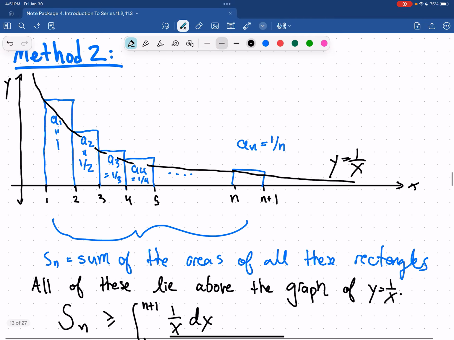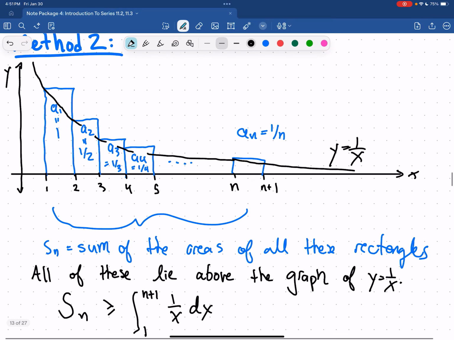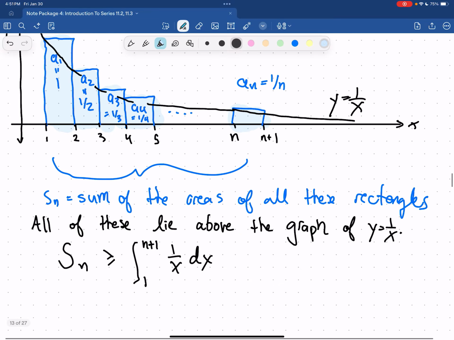That's what this says. If we were to highlight what's going on here, if in blue we have the rectangles that are representing the nth partial sum, then let's say in yellow, we've got the area under the curve 1/x going from 1 to n plus 1.